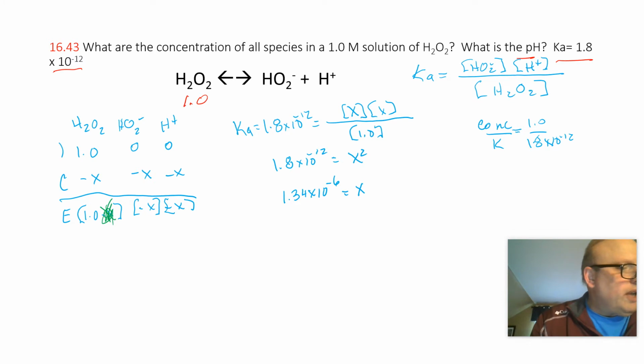So what that means is, first of all, that will be our concentration. What's the concentration of all three species? Initially, this here, I would still call this as 1.0. These are now 1.34 times 10 to the negative 6, both of them.